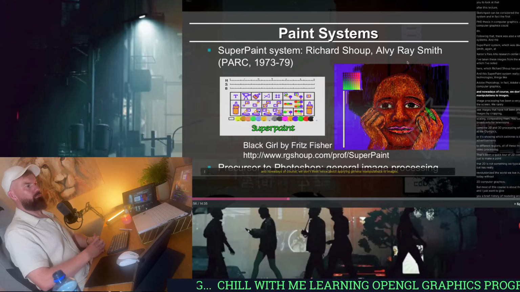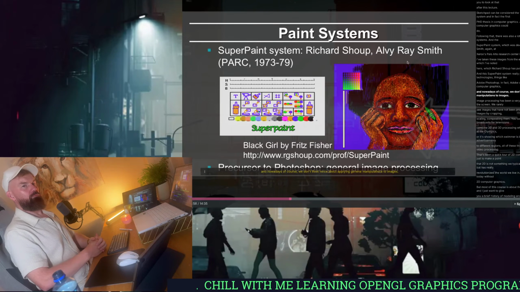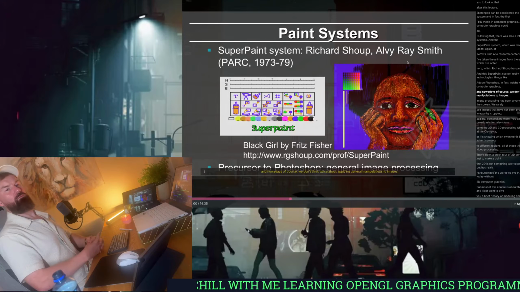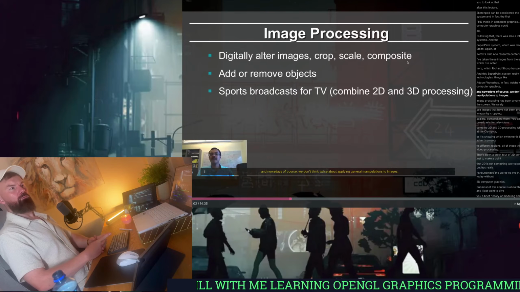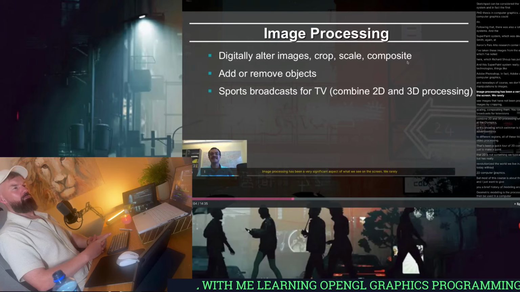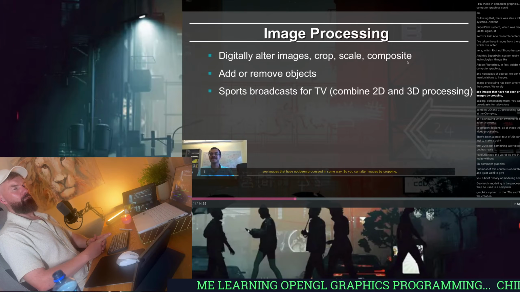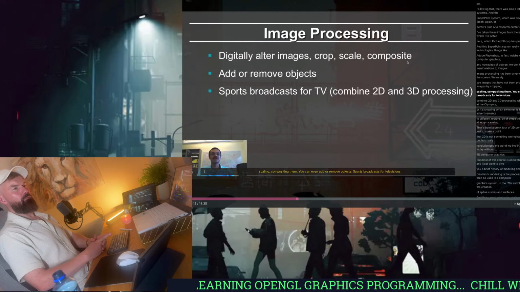And nowadays, of course, we don't think twice about applying general manipulations to images. Image processing has been a very significant aspect of what we see on the screen. We rarely see images that have not been processed in some way. So you can alter images by cropping, scaling, compositing them. You can even add or remove objects.